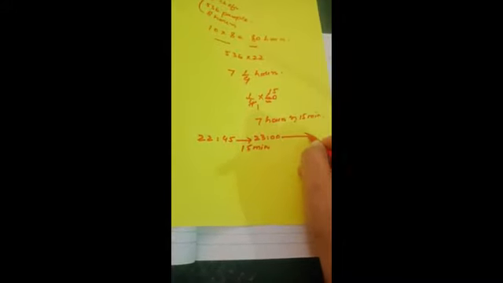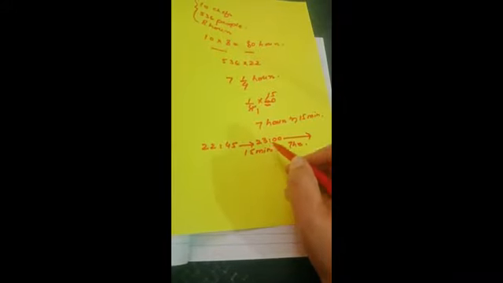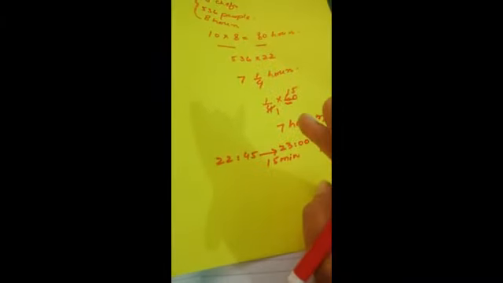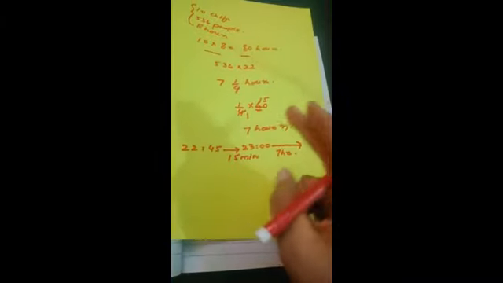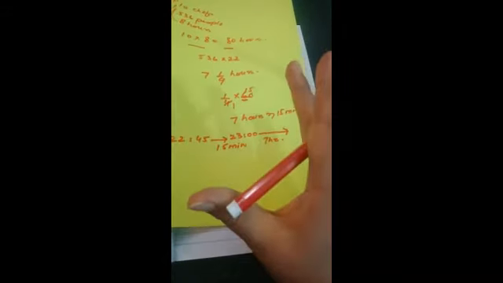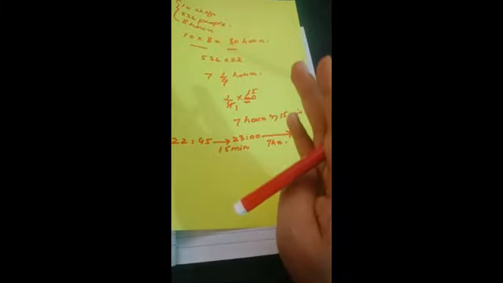Now the journey was of 7 hours. If the journey is of 7 hours, we will calculate from 23 to 7. 23, 24, 1, 2, 3, 4, 5, 6 and 7.